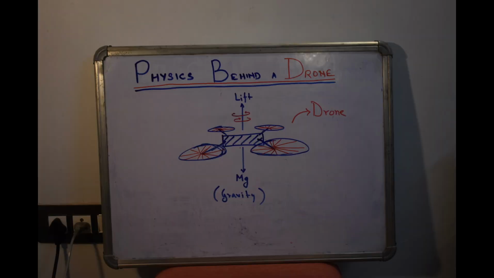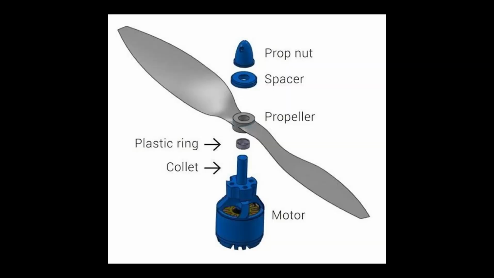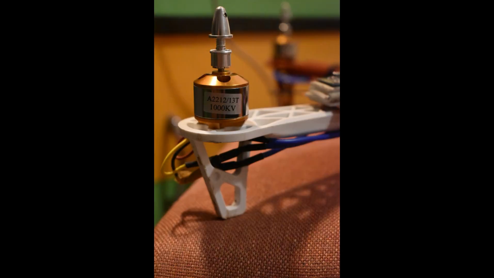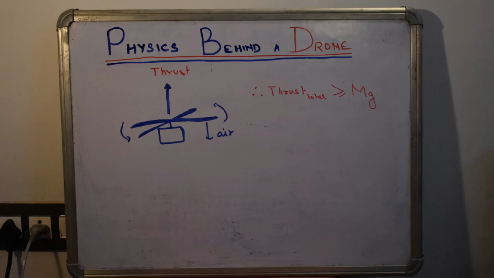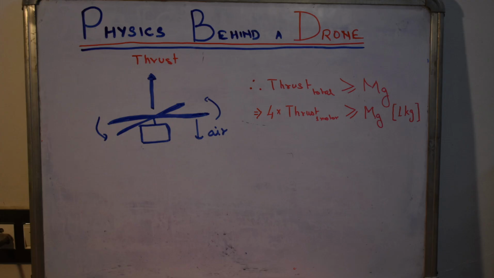There are basically three forces that act upon a drone: lift, gravity, and torque. Lift is the force created by the motors pushing air downwards in order to oppose the gravitational pull, or the gravitational force. When the lift becomes equal to or greater than the gravitational force, the drone starts to hover or fly.